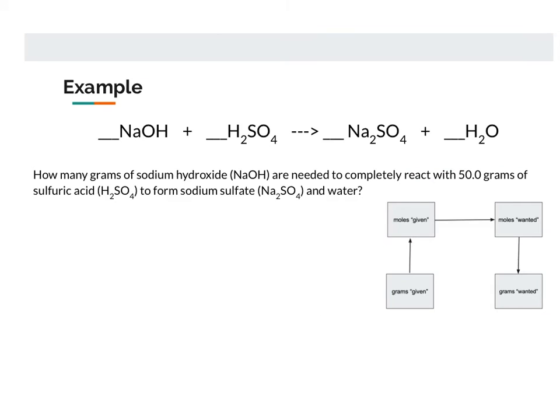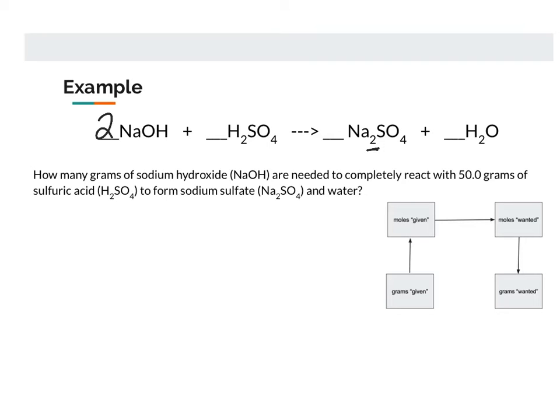All right, so for our example, you can see we have our equation and then the problem. The first thing I noticed is that this is not a balanced chemical equation, so I'm going to have to balance it. To do that, I'm going to start with my metal. Sodium has 2 on the right side, but only 1 on the left side, so I'd put a 2 coefficient in front to balance it.